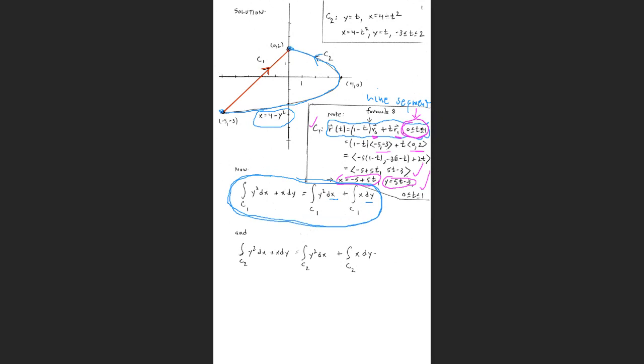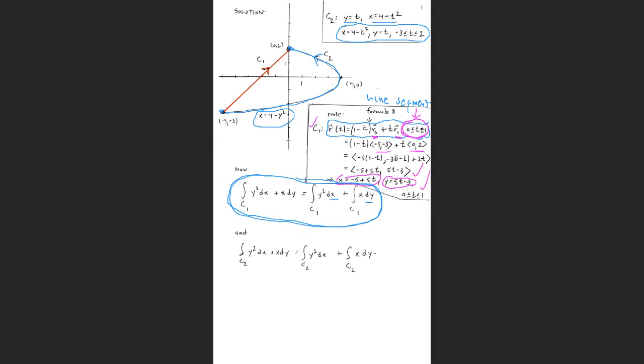We're limiting the curve to that beginning and ending point. So how do you parameterize this? Well, it's probably easiest to let y equals t, then x is 4 minus t squared. And if you do that, boom, you have your parameterization. Now t is between negative 3 and positive 2.